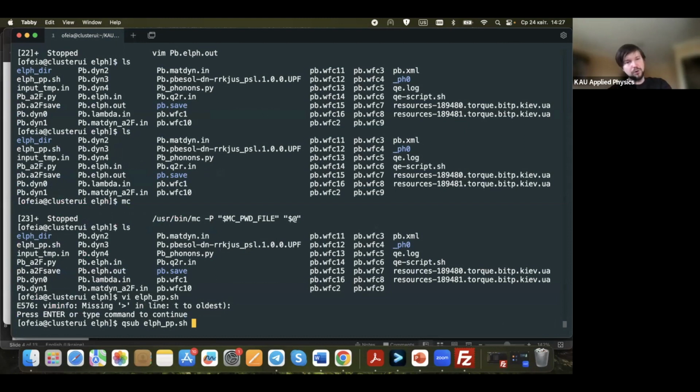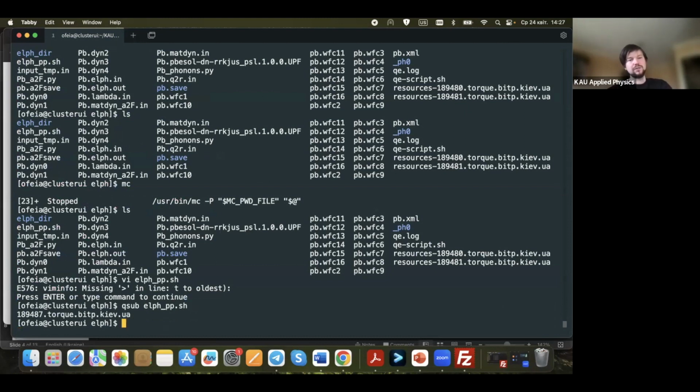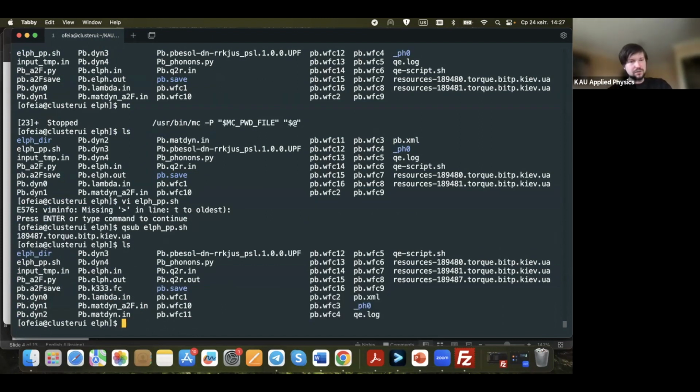LPP was post-processing, electron-phonon post-processing. It will take just like 0.02 seconds.